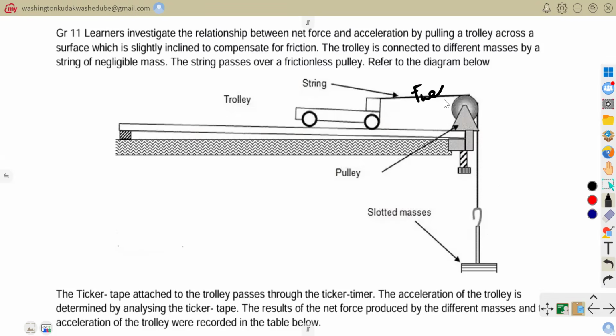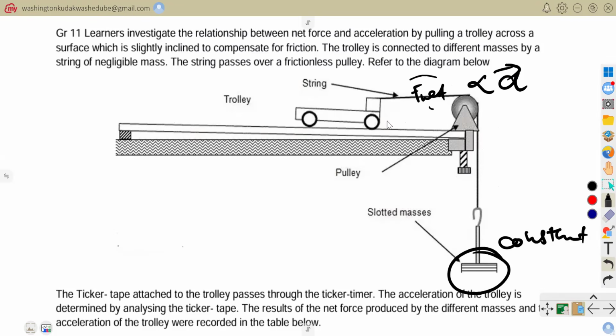your net force against your acceleration. Since these masses would be constant, we would use this track incline to change our frictional force, so that the net force becomes the one that is changing due to the change in our frictional force, as well as our parallel gravitational force.